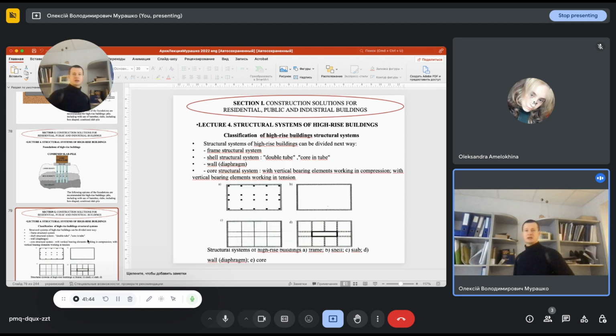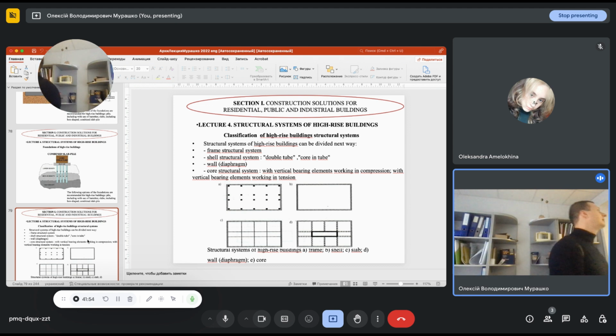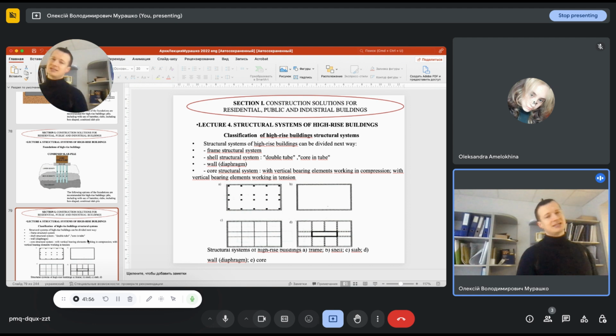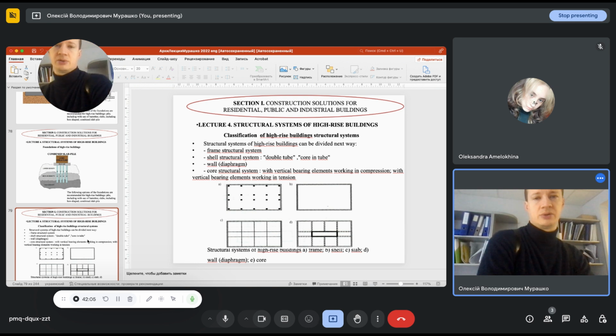The next question that we have to discuss is the structural systems of multi-story buildings. Structural systems of multi-story buildings are similar to the regular building, but not the same, because in this case we have a frame structural system, and that's okay.